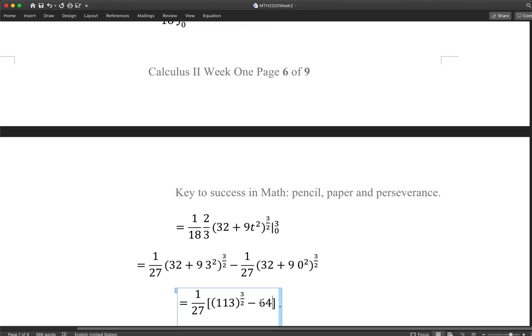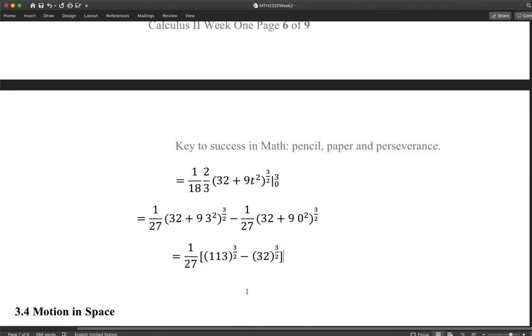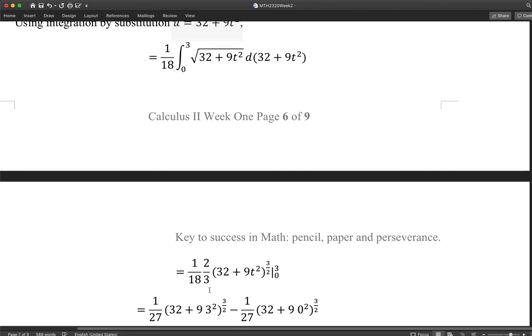Probably it can be simplified, but I'm just going to keep this in the original form here. I think this should be it.